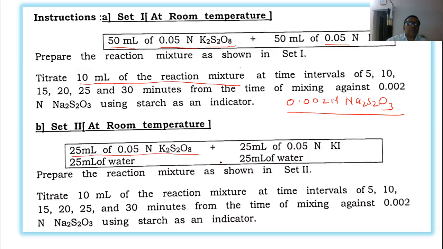At time intervals of 5, 10, 15, 20, 25, 30 minutes, we take 10 ml of that reaction mixture in the conical flask, add some starch indicator, and titrate it with the 0.002 normal sodium thiosulfate solution. So this is the experimental part, which can be performed in two sets.